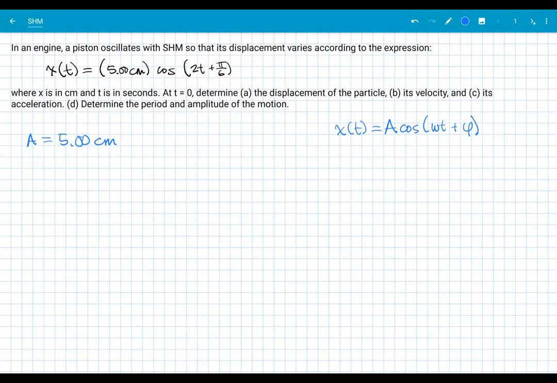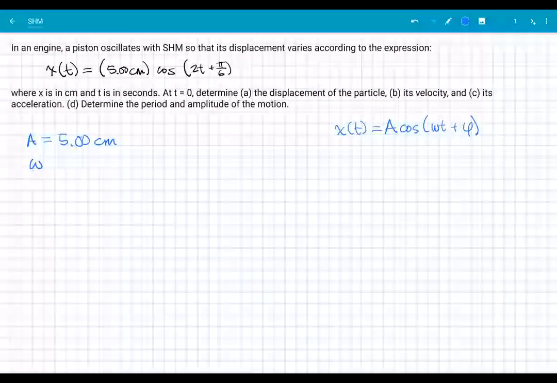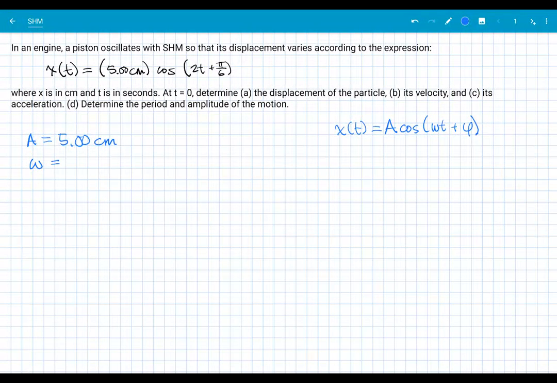And I can also see that the angular frequency is, now note, there are no units on that 2. It's just written as 2t plus pi over 6, right? But I know there must be units on the 2 because the quantity in parens there, the argument of the cosine function, has to be in radians.